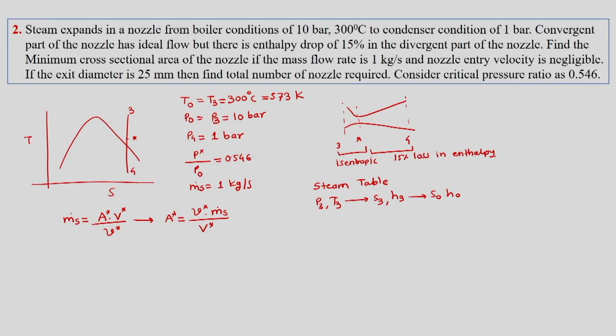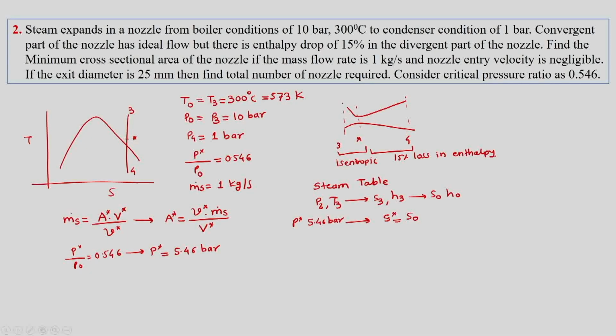Now we are told that P star upon P naught is equal to 0.546. This leads to P star equal to 5.46 bar. So, I will go to 5.46 bar, which is P star, and for that I will see where S star is equal to S naught.